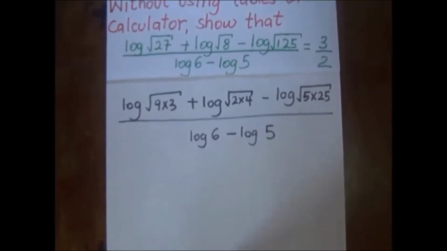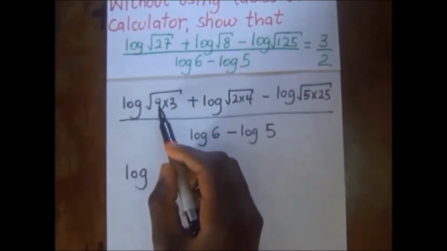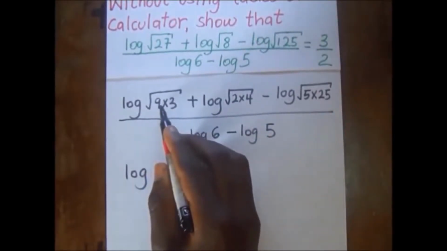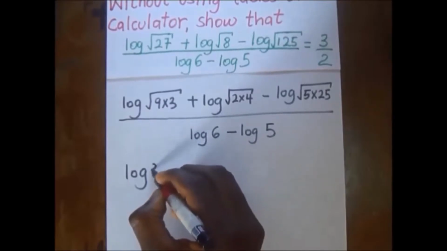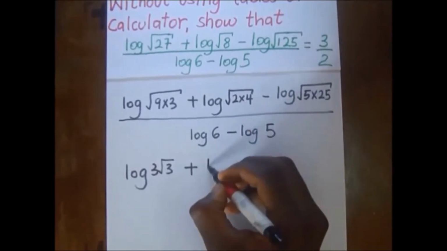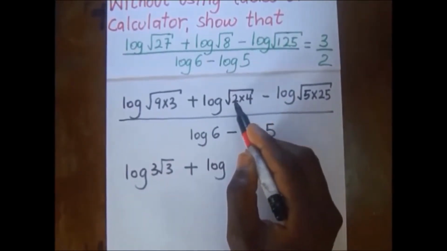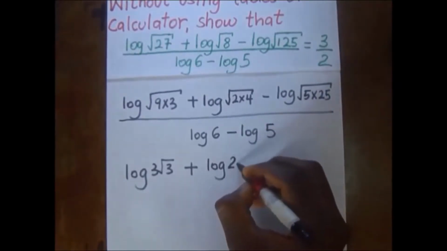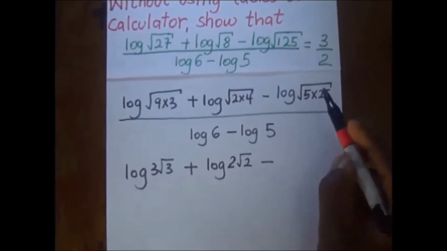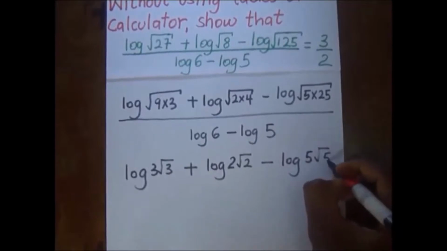So we continue. That's going to become the logarithm of, now the square root of 9 is 3, so it's going to be logarithm of 3 root 3, plus the logarithm of, now the square root of 4 is 2, so it's going to be 2 times the root of 2, minus, the square root of 25 is 5, so the logarithm of 5 times root 5.